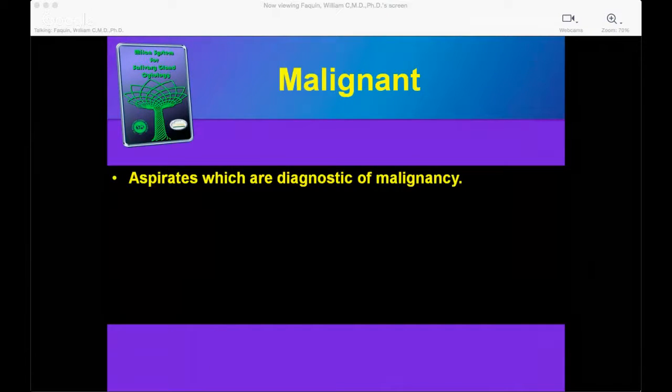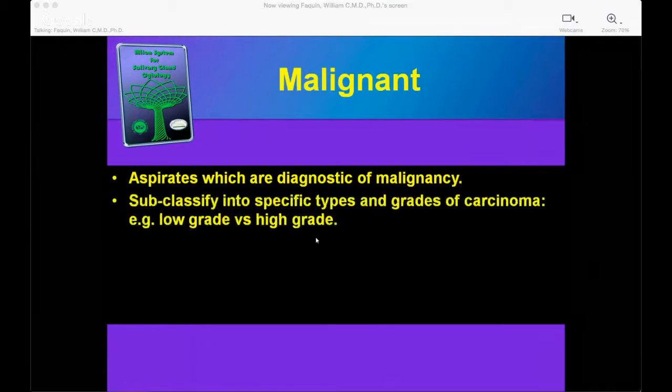Now moving to the malignant category in the Milan system. Obviously, these are for aspirates which are diagnostic of malignancy. It's very important to subclassify these aspirates into specific subtypes when you can, and especially into grades of carcinoma, low grade versus high grade.